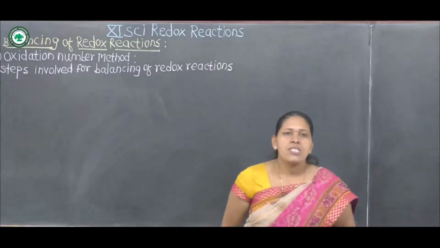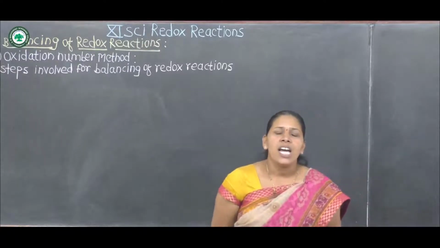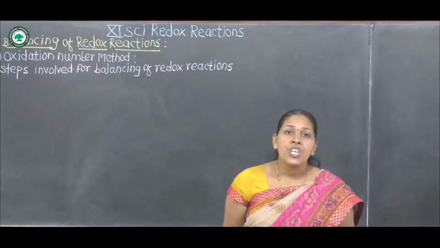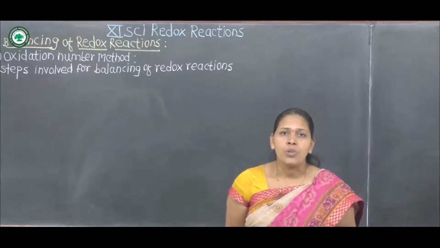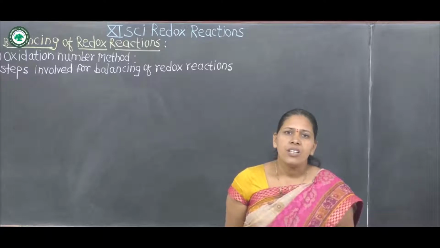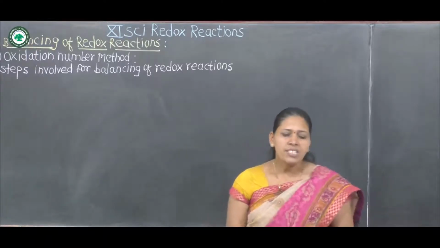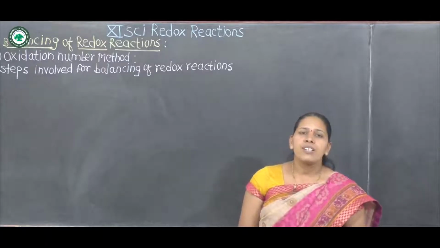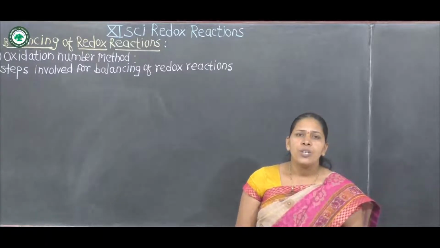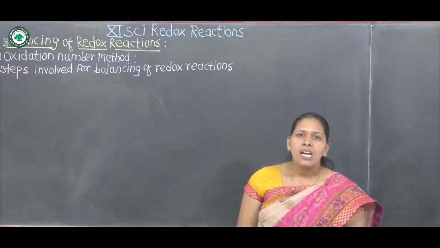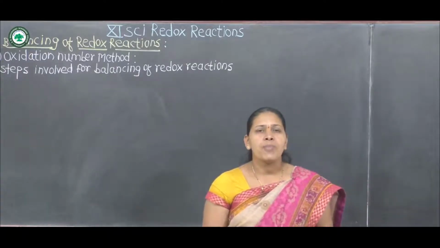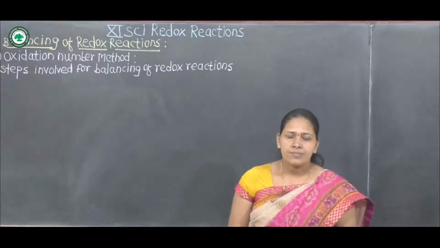Then third step is identify atoms that have changed oxidation number and by how much. Then next step is determine the factor that will make the total increase in oxidation number and the total decrease in oxidation number equal.